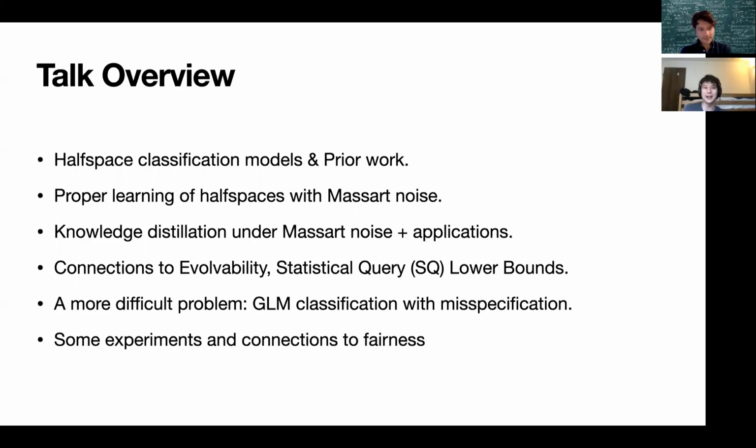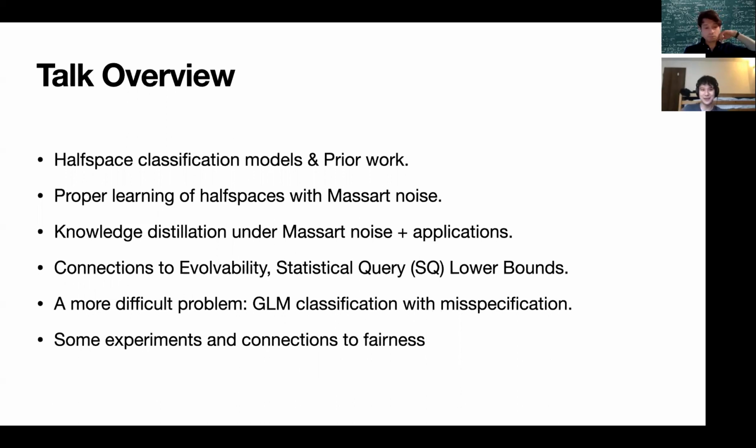Second, I'll talk about a new result we have, which is about proper learning of half-spaces with Massart noise, distribution independent. The third point is an application to something called knowledge distillation, where we'll train a big classifier and use it to teach a little classifier.